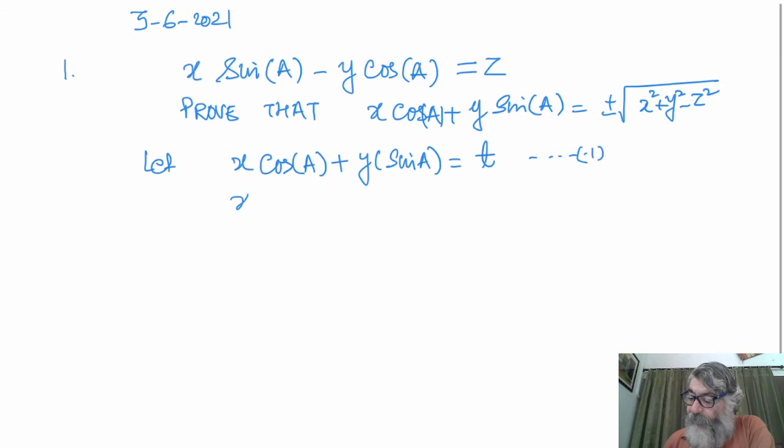And the other equation given to you is x sin A minus y cos A is equal to z, equation 2.